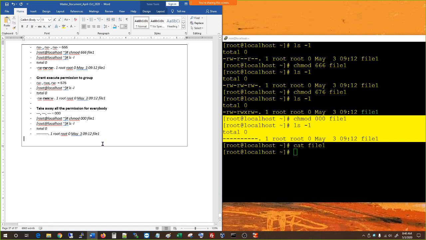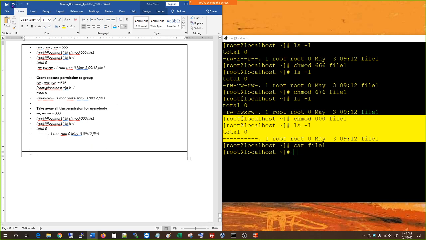So over here, I'm going to explain what read, write, and execute is, okay? Read means that whoever is trying to read is able to read the file.